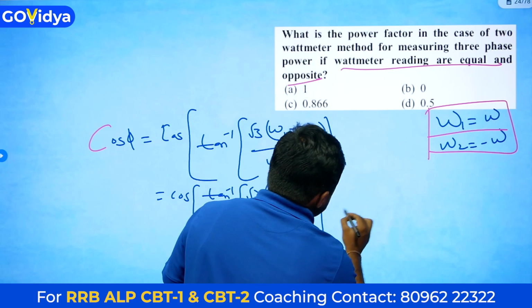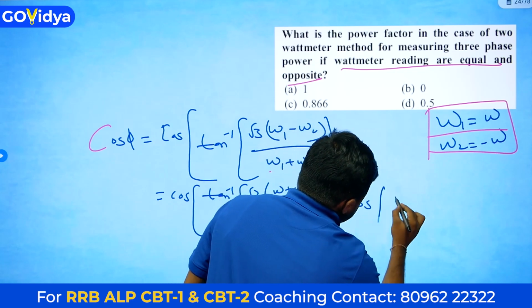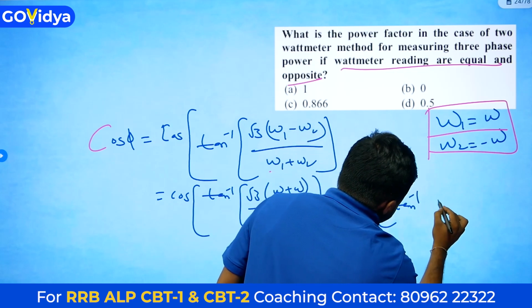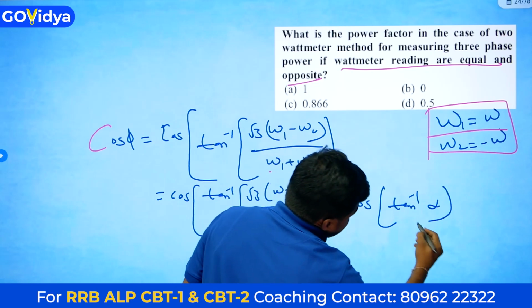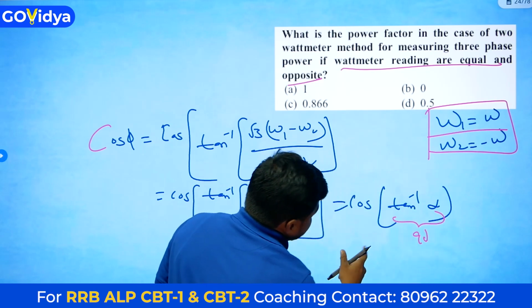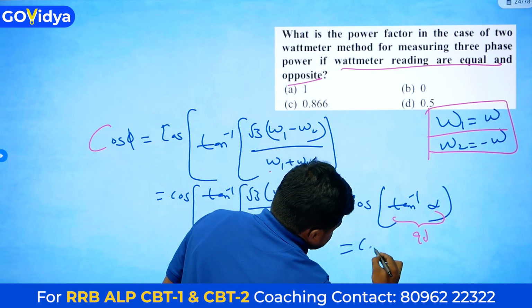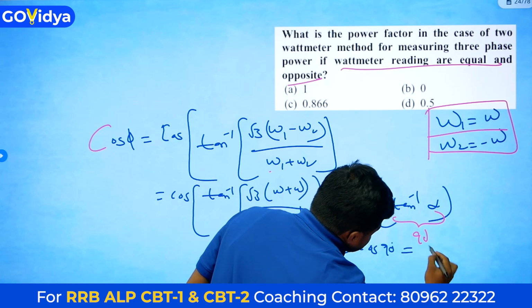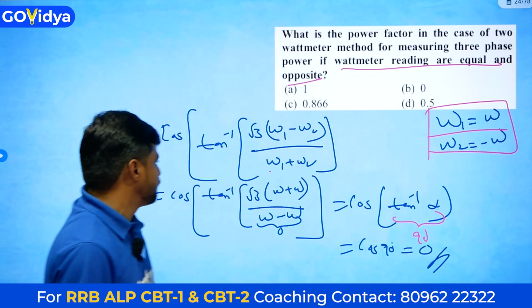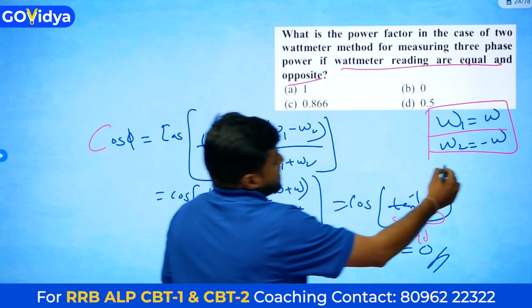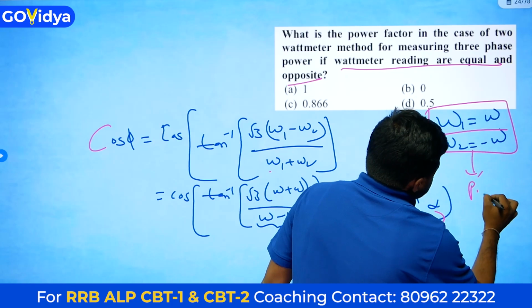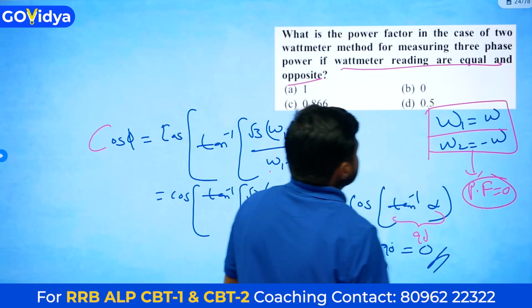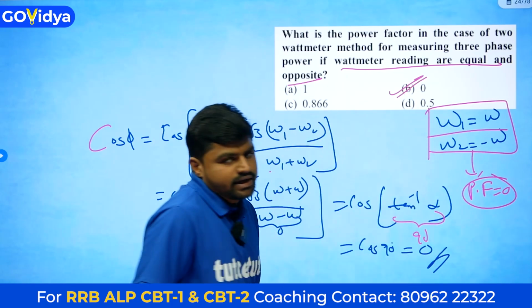Cos of tan inverse infinity. Tan inverse infinity is equal to 90 degrees. Cos 90 is equal to 0. The power factor is 0. At this condition the power factor is 0. From the options, option B is the correct answer.